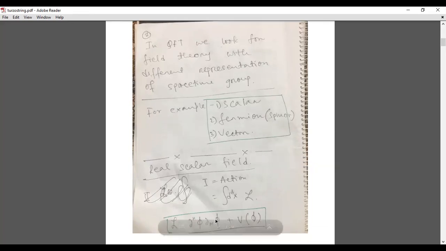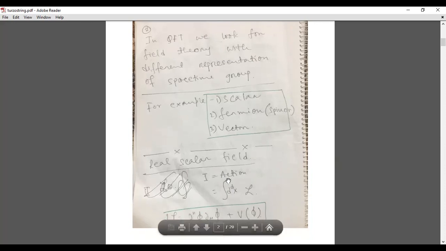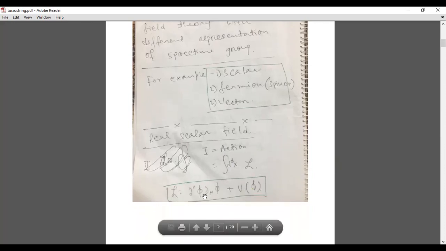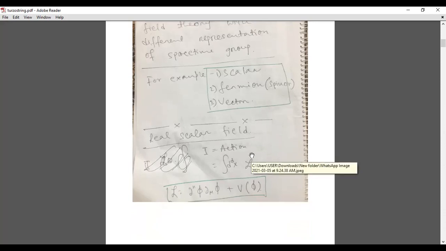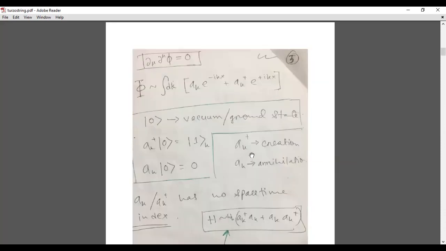For example, in a scalar field phi, there is no space-time index in the phi direction, right? And that's why when you quantize the theory, you have creation and annihilation operators which don't have any space-time index.